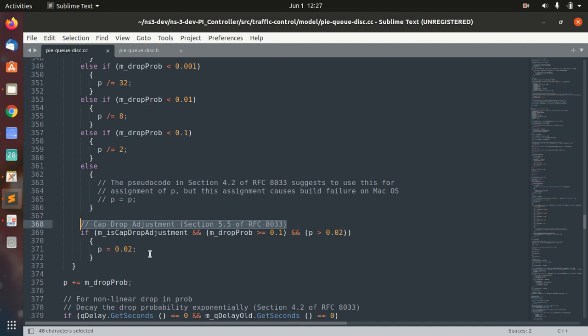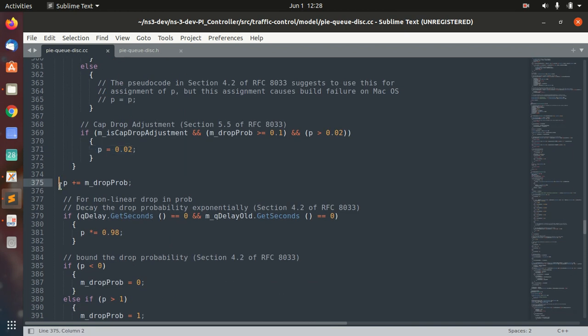If the cap adjustment is enabled, it checks this condition: the m drop probability is greater than 0.01 and the calculated probability is greater than 0.02, then simply set the probability value to 0.02. Then it adds the calculated probability value to the m drop probability.